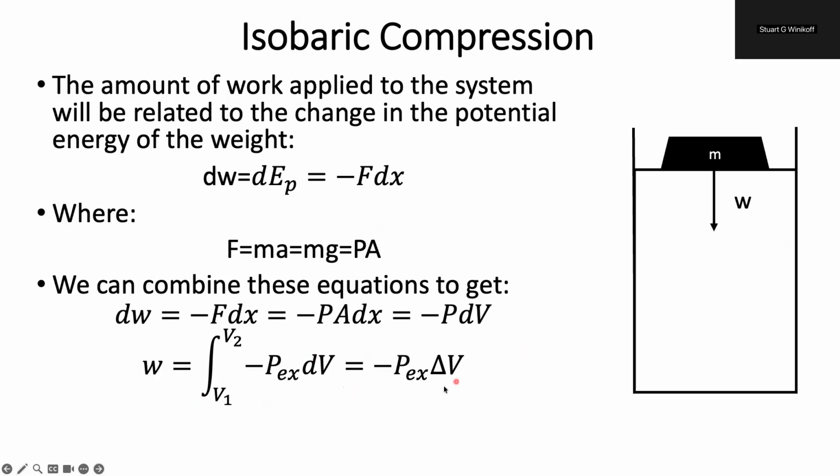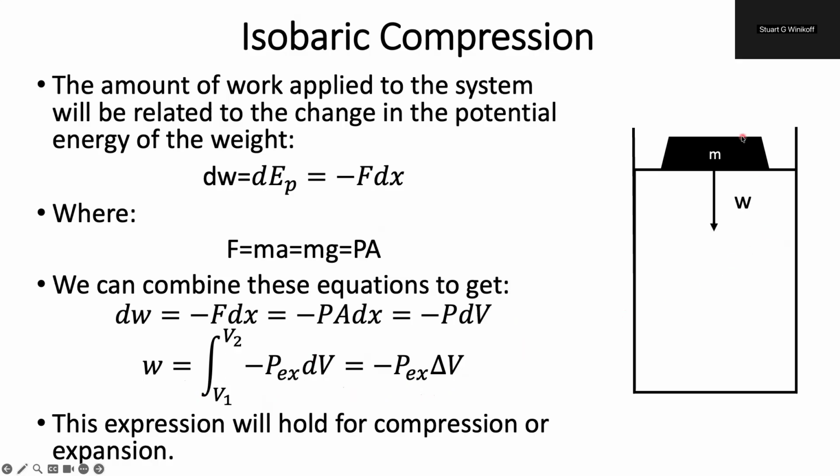And the really beautiful thing is at this point, when coming up with this description, we are not paying any attention to whether the system is being compressed or expanding. In a compression, this change in volume should be negative. The volume is decreasing, which would give me a positive work because I'm putting energy into the system. Under expansion, we would expect this change in volume to be positive.